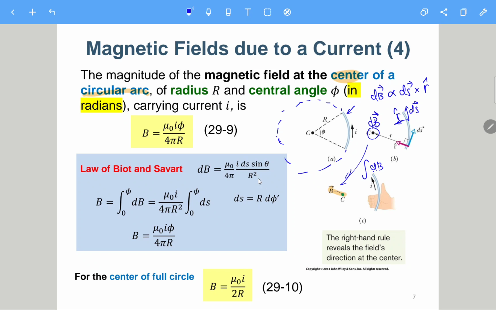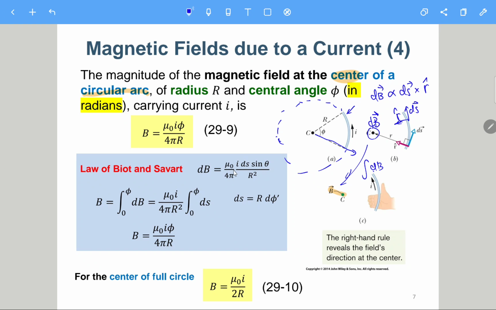Now r is a constant, so we use a capital R here, and we integrate from 0 to phi. We assume this is 0 for the phi, and then this is phi.